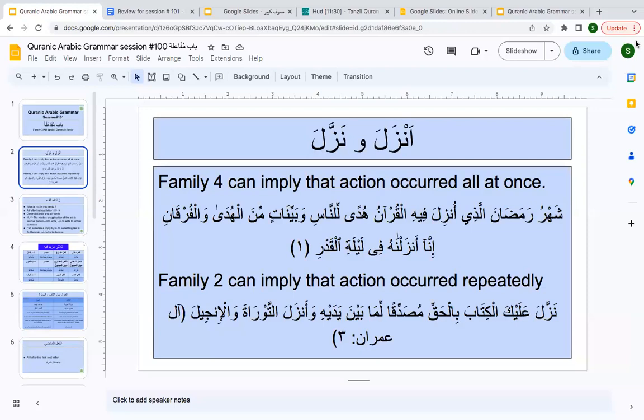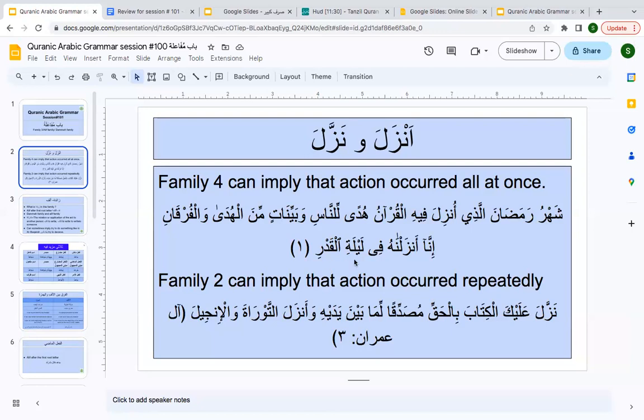Do we all know that? If you don't know that, just know it from today. Jibrail Amin brought the entire Quran on the night of Ramadan. So the entire action occurred at once.